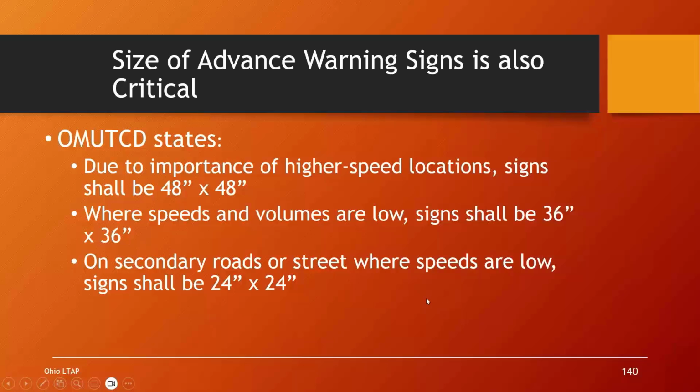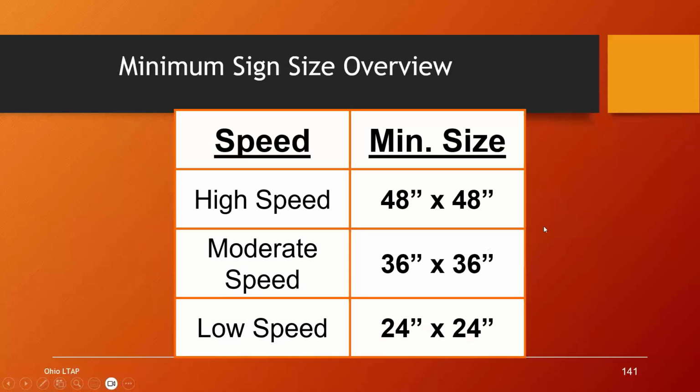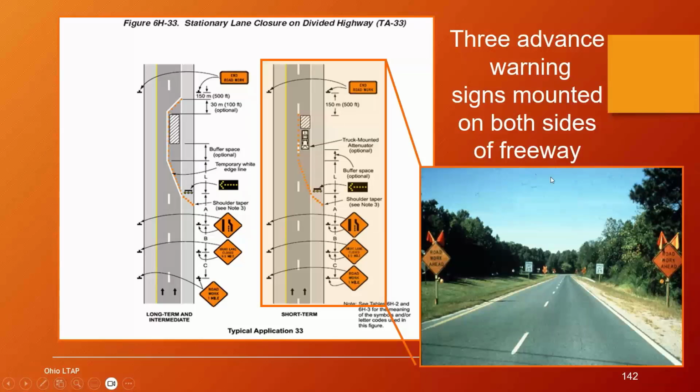And maybe if you're on a low speed, low volume, 25 mile per hour residential street, then you could get by with 24 by 24. But if I was in charge of buying signs, I would never buy a 24 by 24 inch sign. 36 by 36 would be what I would use. So this table reiterates those requirements.